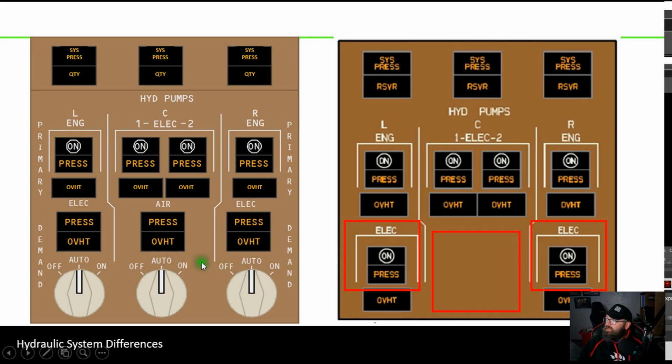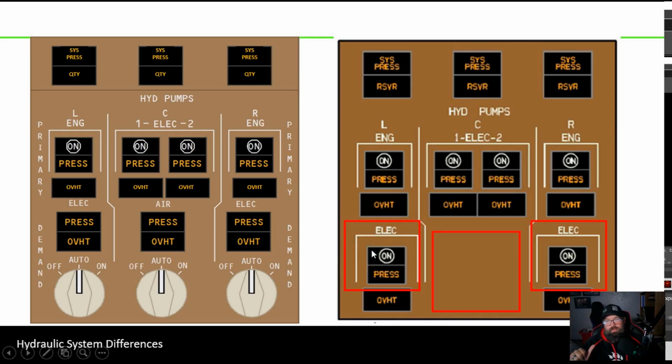So down here on the 7.6, these are demands, meaning they only come on when they're demanded, when they need to come on, right? On the 7.5, notice there's no demand. They turn on when the switch is turned on. Okay, that's the biggest thing I want you to take out of this, is that they turn on when the switch is turned on.